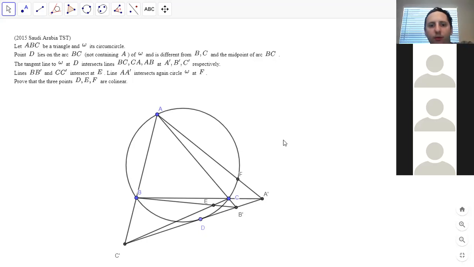Projective geometry seems like a natural idea, but it's hard to see. I want to show the cross ratio dB, dB prime, dE, and something else is the same as if I were to project that onto the circle.